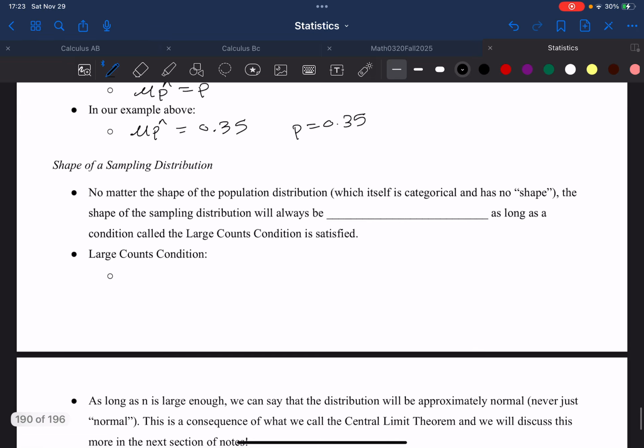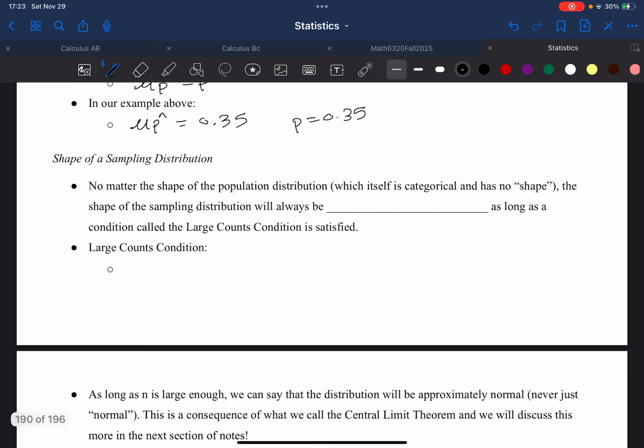Then we're talking about the shape of a sampling distribution. No matter the shape of the population distribution, the shape of the sampling distribution will always be approximately normal, as long as a condition called the large counts condition is satisfied.